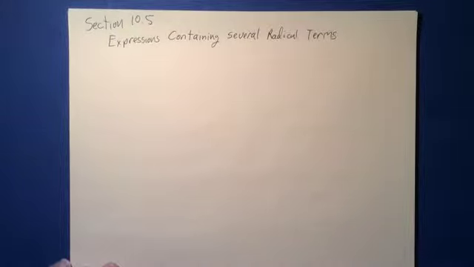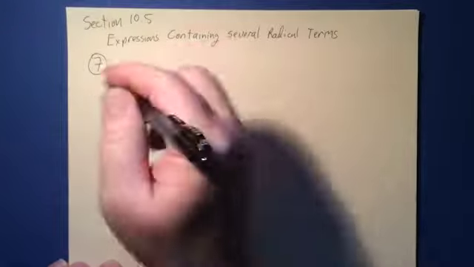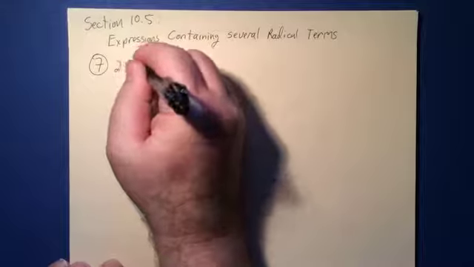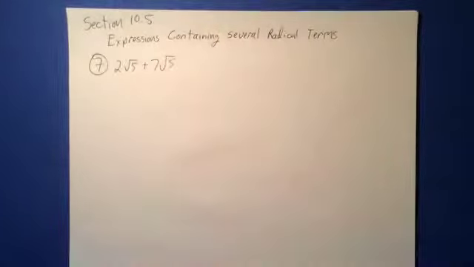So let's begin to take a look at how adding and subtracting work. I'm going to put an addition problem and a subtraction problem up to compare them. For question 7, I might have 2 radical 5 plus 7 radical 5. If you were presented with 2x plus 7x, you'd be able to come up with 9x.